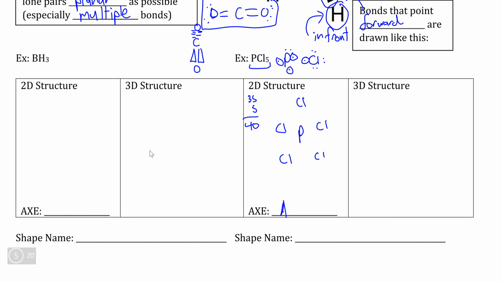So let's go ahead and add the single bonds: 1, 2, 3, 4, 5. And if we used 5 single bonds, that means that we used 10 electrons, which means we have 30 electrons left. Now, because phosphorus has 5 bonds, we're not going to put its lone pair back. So let's put chlorine's 3 lone pairs each back on.